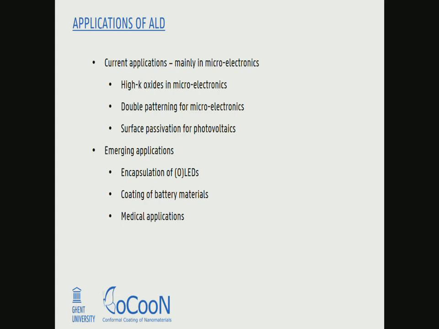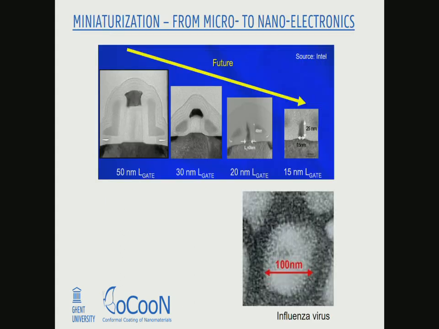So the first 3 current applications. The first real breakthrough application, if you don't count electroluminescent displays, but the first large scale breakthrough application of ALD has been in microelectronics for processors and memories. When you think of scaling, I think we're all familiar with the fact that microelectronic circuits have become smaller and smaller, and Moore's law and so on.